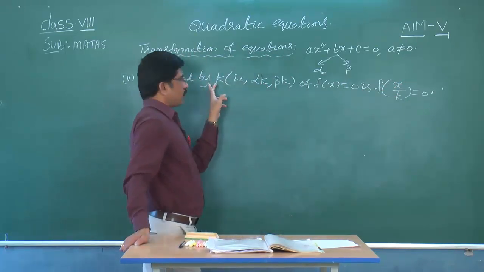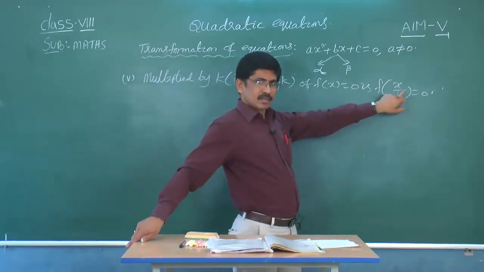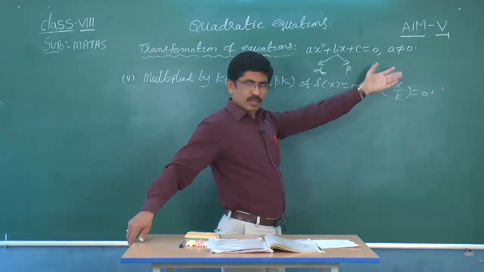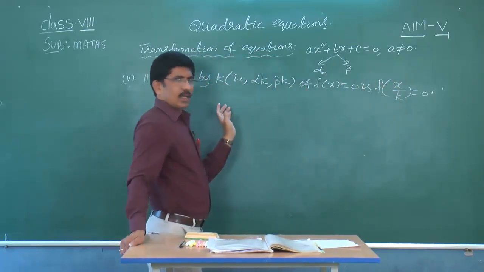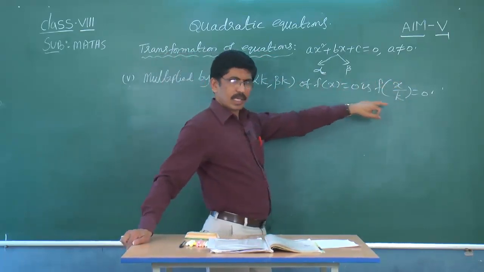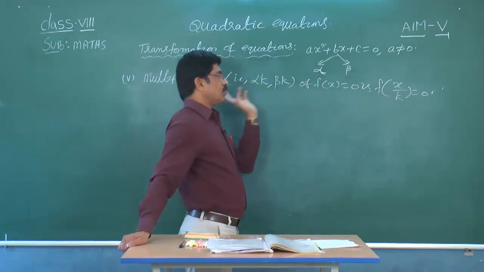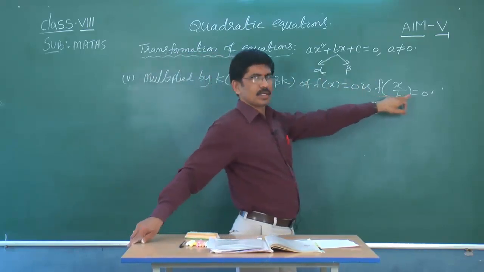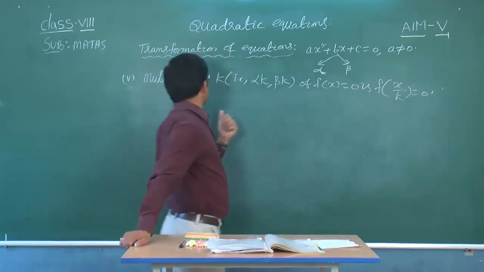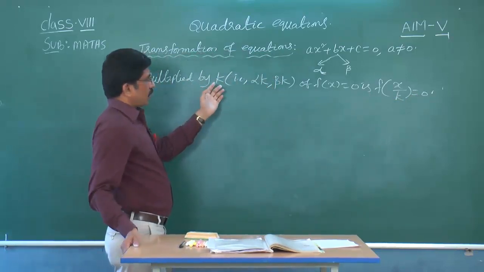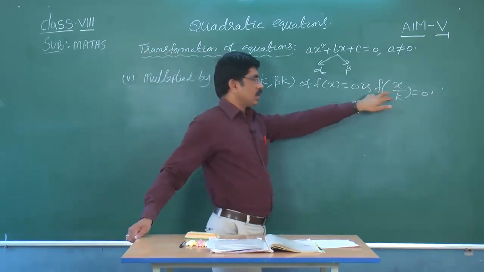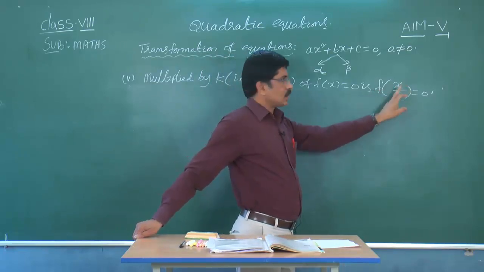Here, multiply by k, we are taking division. For decreased by k, we are taking plus k. Increased by k, we are taking minus k. Now multiplied by k, we are getting the required equation by division.